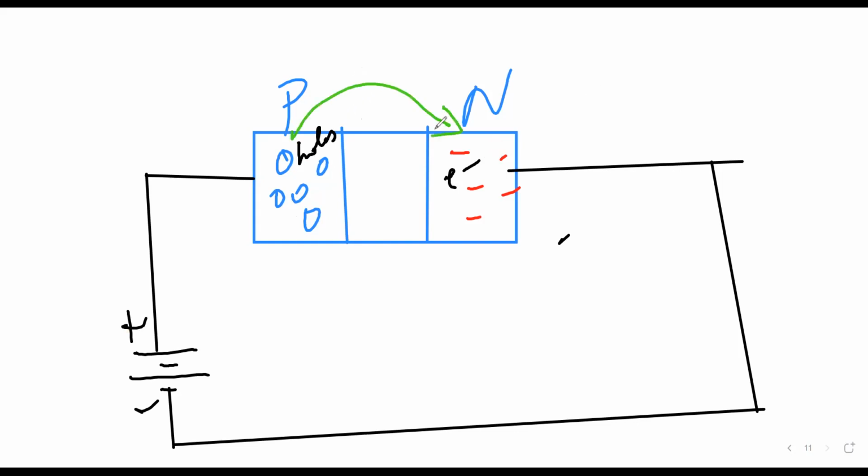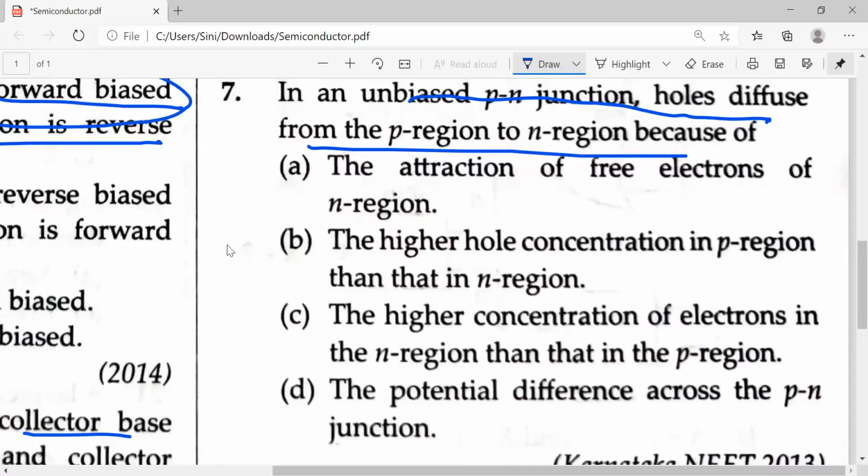A lot of holes will get transferred to N, then only you'll get forward biasing. The diode conducts when holes diffuse into the electron side, because there are a lot of holes in the P side. P is positively charged. Let's see the question: the higher hole concentration of P region than that of N region. That's the only reason, because holes diffuse from P region to N region. Option B. Just by seeing it, we can mark the answer. That's all.